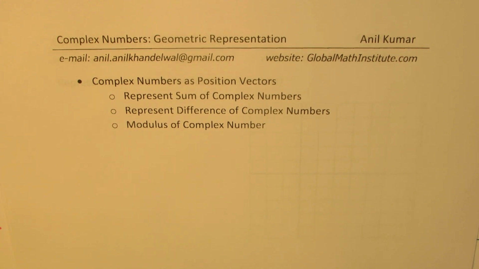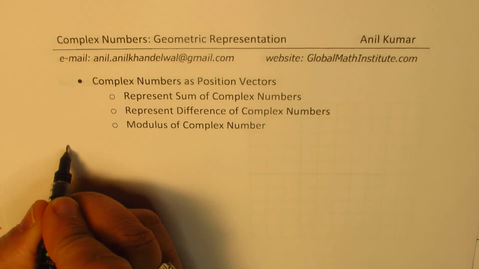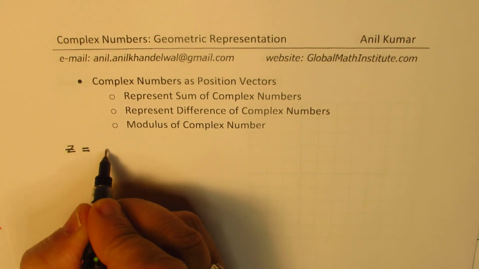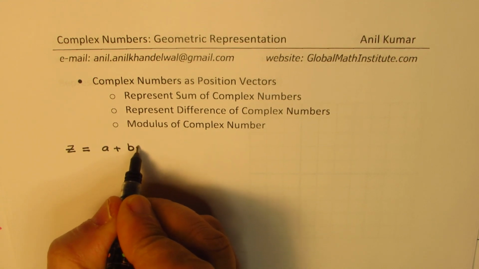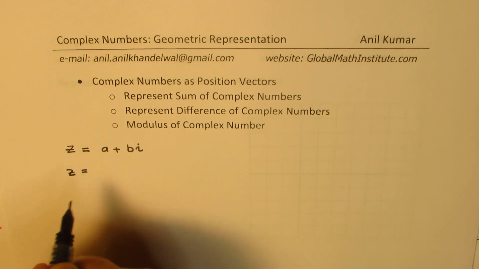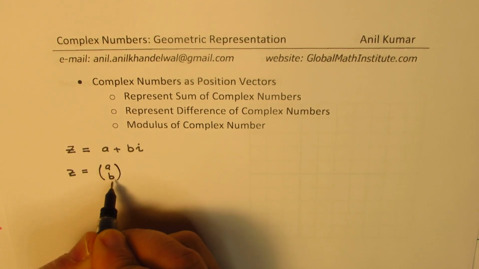In this video, we'll discuss how to represent complex numbers as position vectors. So we have been talking about complex numbers z being represented as a plus bi. Now we can also write the same complex number in column form, a and b, right?